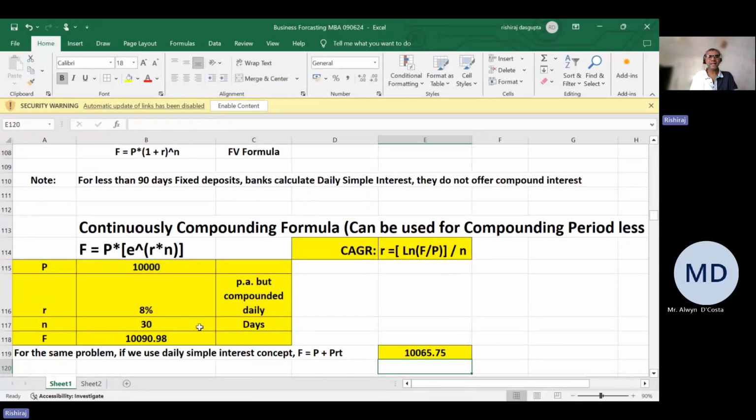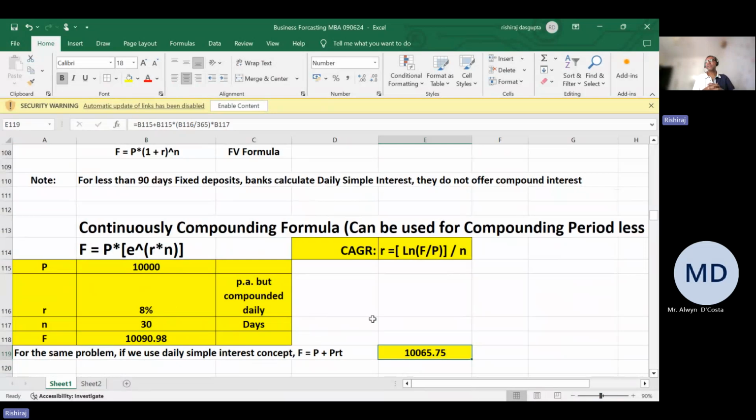So this is giving 10,065.75. So see, there is still a 25 rupee difference between the continuously compounding future value and the daily simple interest based future value. So linear growth versus non-linear growth. So this continuously compounding formula is F equal to P into e to the power Rn.